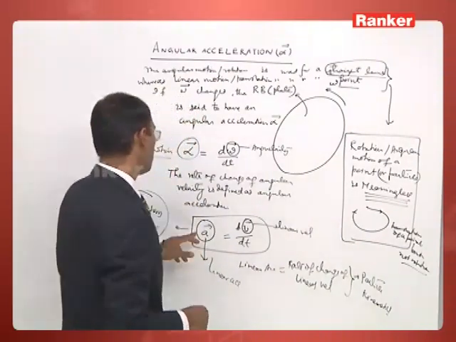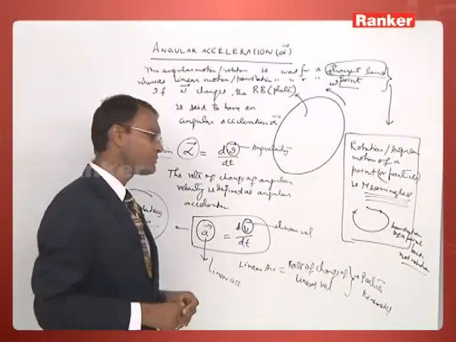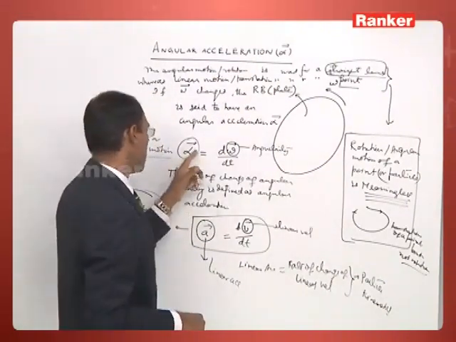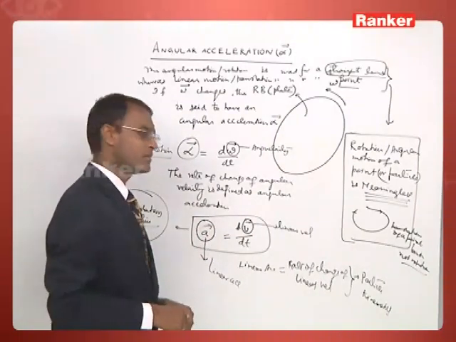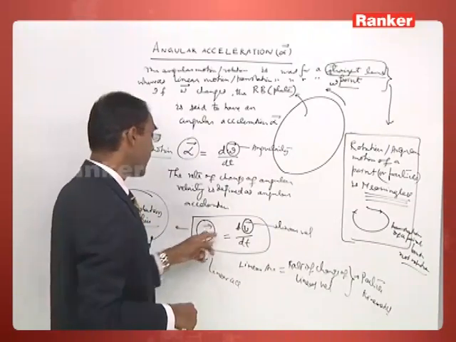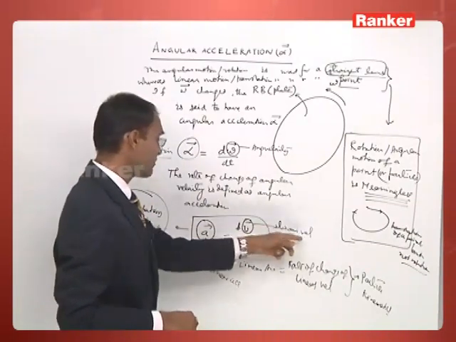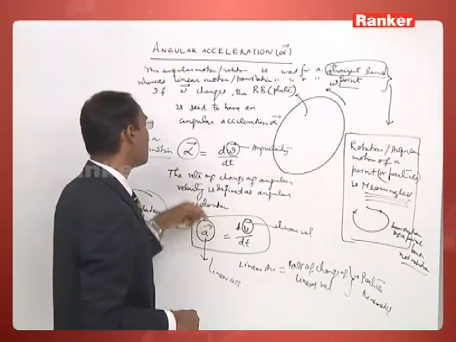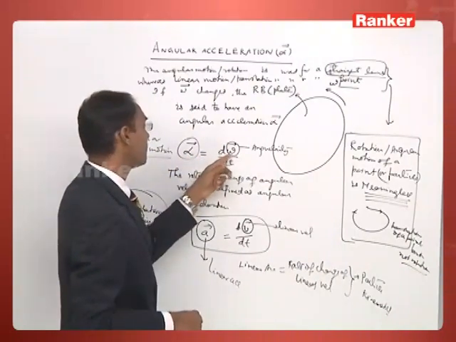So coming to the original discussion of the angular acceleration, which is analogous to the linear acceleration. Since linear acceleration is defined as the rate of change of the linear velocity, angular acceleration can similarly be defined as the rate of change of the angular velocity.